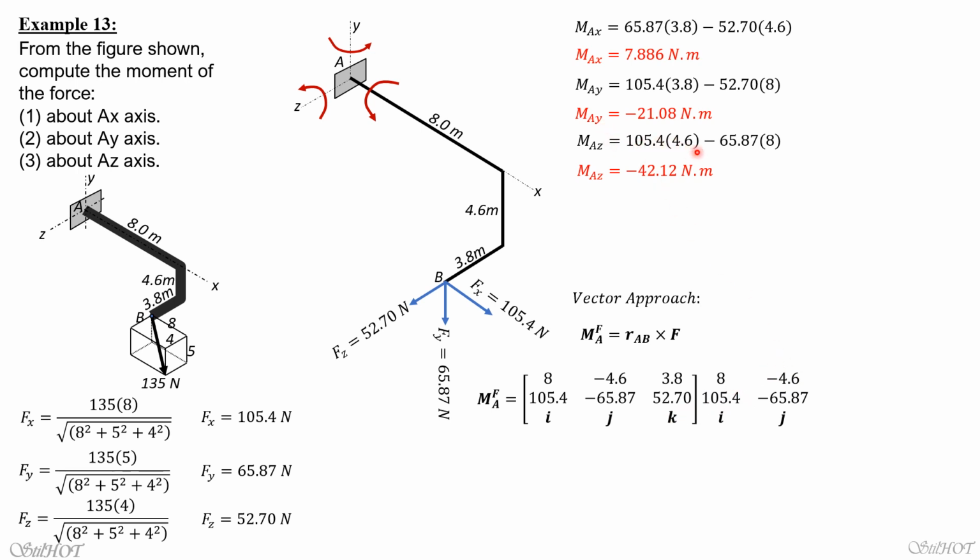Therefore, the result would be 7.886i minus 21.08j minus 42.12k newton meter. So this is the MAx, this is MAy, and this is MAz.